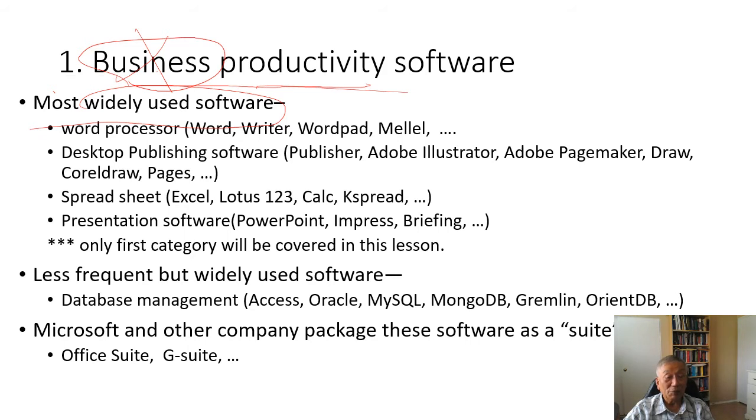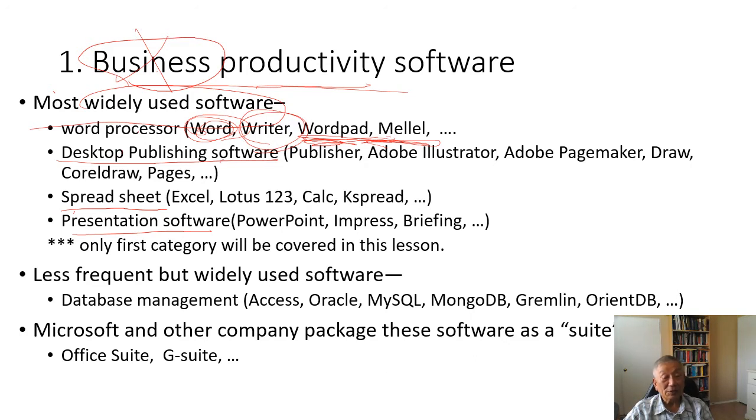So: word processor, desktop publishing, spreadsheets, and presentation software. A word processor is, as we know, just words, but there's a thing called the writer. Many other software packages have writers, including Mac, WordPad and others. Those are freeware.